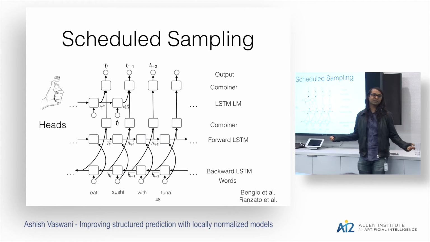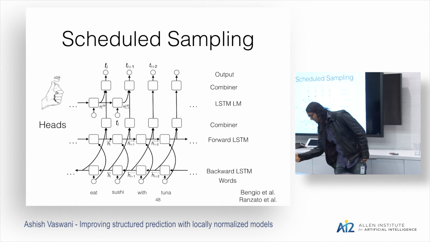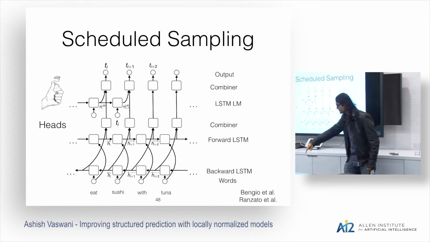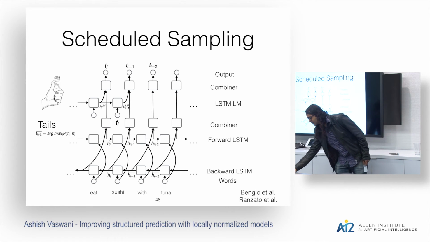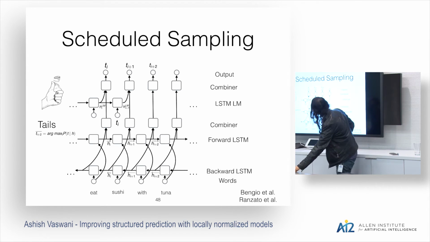You can think of scheduled sampling like online SEARN. SEARN first went over the data and generated these predictions. This does it in an online fashion: it uses predictions from the model versus the gold supertags as the training is moving along. So you flip the coin, and if it says heads, you use the predicted supertag. If it says tails, you use the argmax, the most likely predicted tag from the previous position.